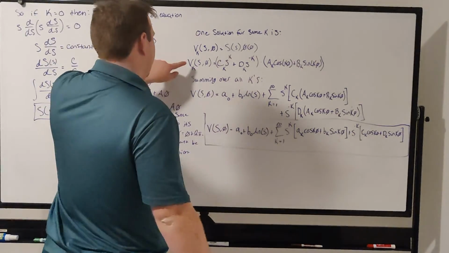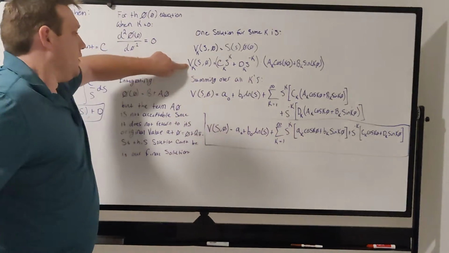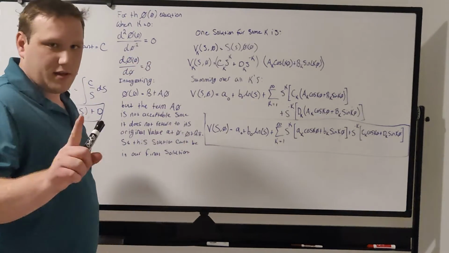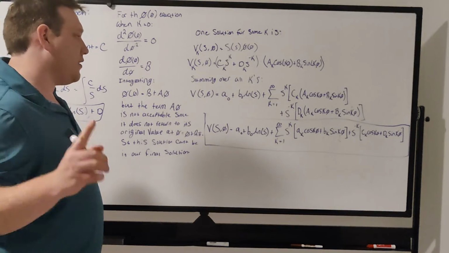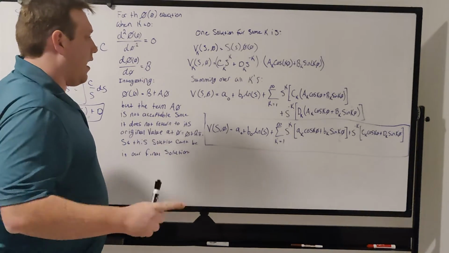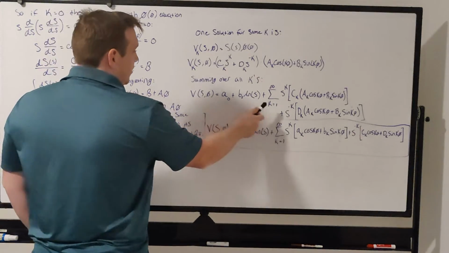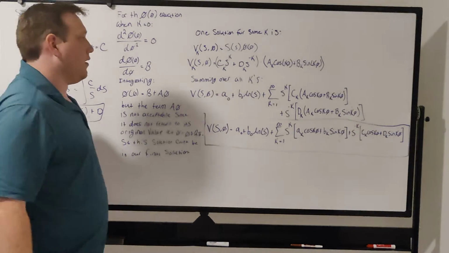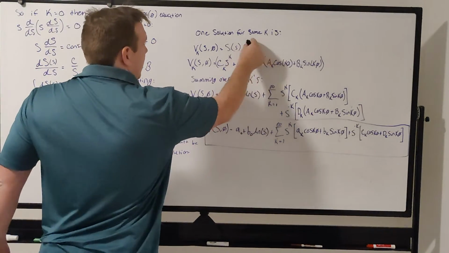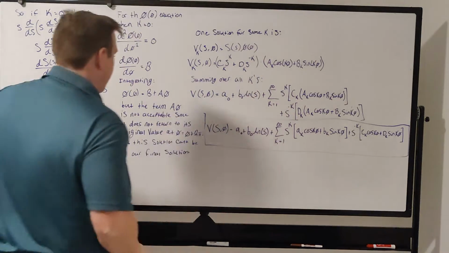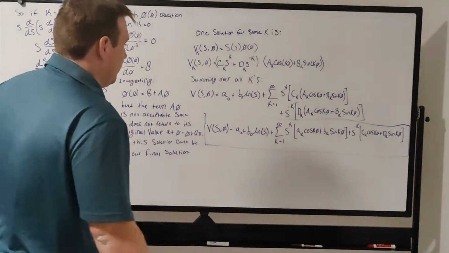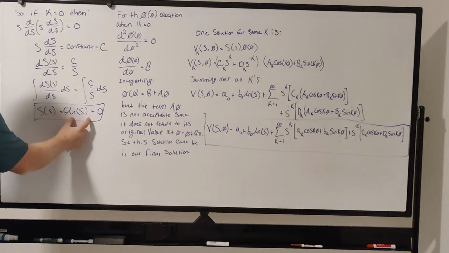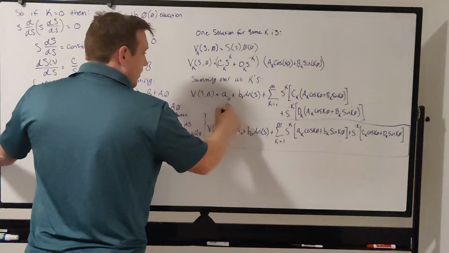However, this is just a single solution, so to get a more general solution, we sum up over all values of k, but remember, we have a special case to treat for k equal to 0. So I actually pull out the k equals 0 terms and start with the summation at k equals 1. But we know at k equal to 0, there's no phi term because it doesn't physically make any sense. So all we're going to get is one term here for k equals 0.